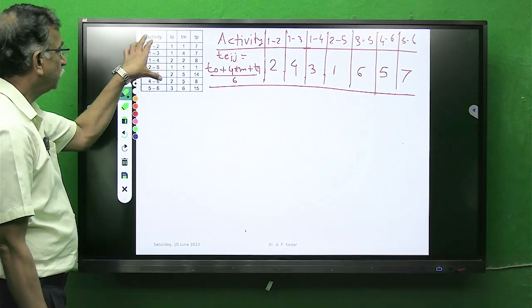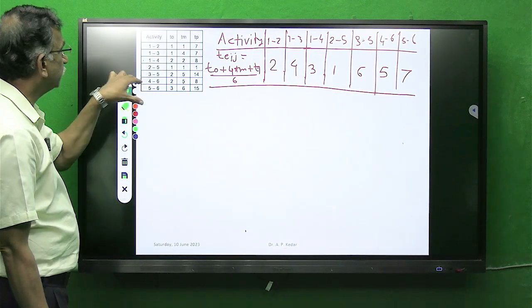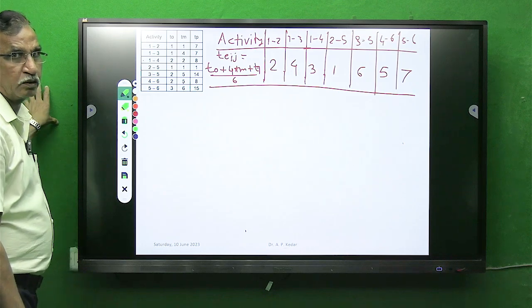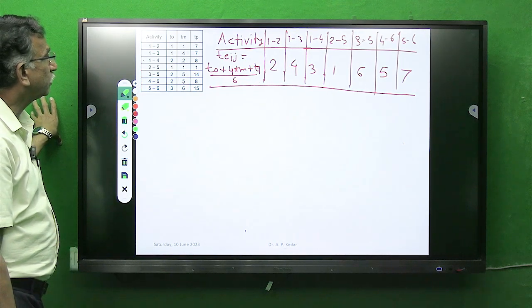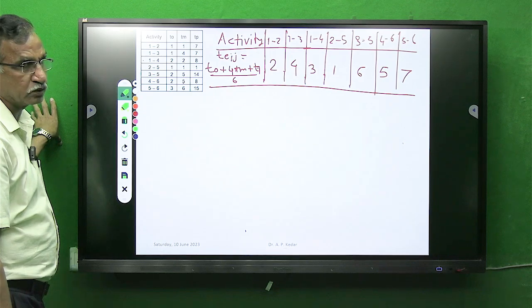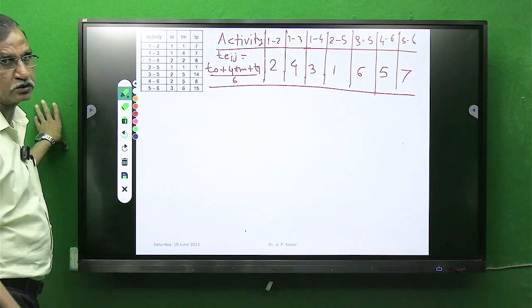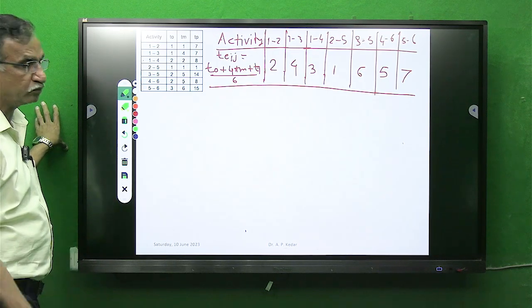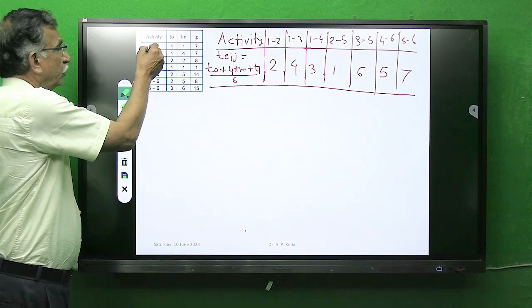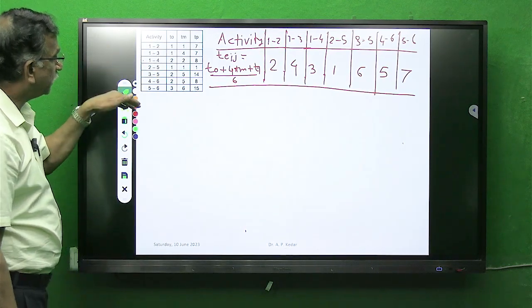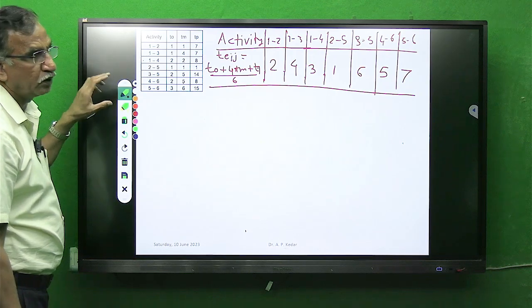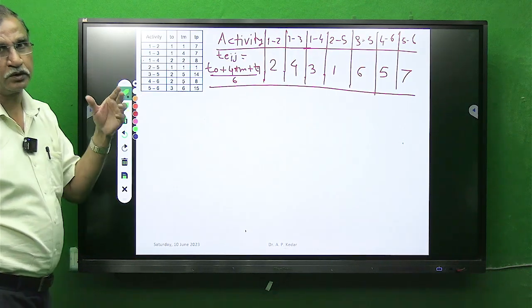Now whenever activities are given in the form of numbers, first draw all activities starting from 1, then starting from 2, then starting from 3, like that. So from 1 we have 1-2, 1-3, and you have to be very careful while drawing the network.